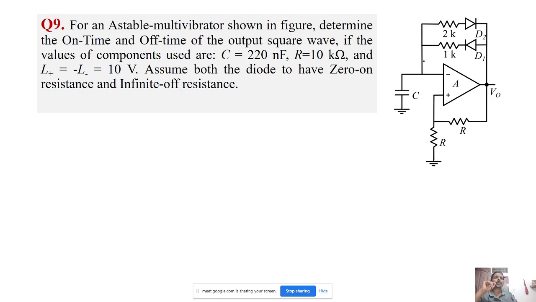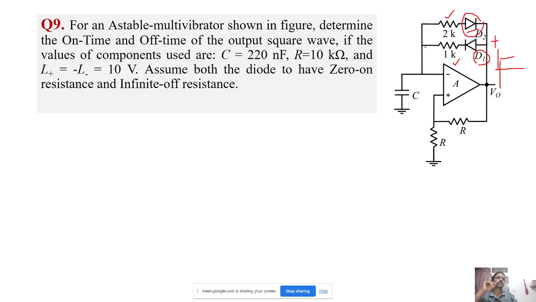Given this circuit, it is again similar to an astable multivibrator, but in the feedback we have two resistors, 2K and 1K, connected through two diodes, D1 and D2. If the output V0 is high, say plus Vsat, this voltage will be positive with respect to ground, so diode D1 will be on and diode D2 will be off.